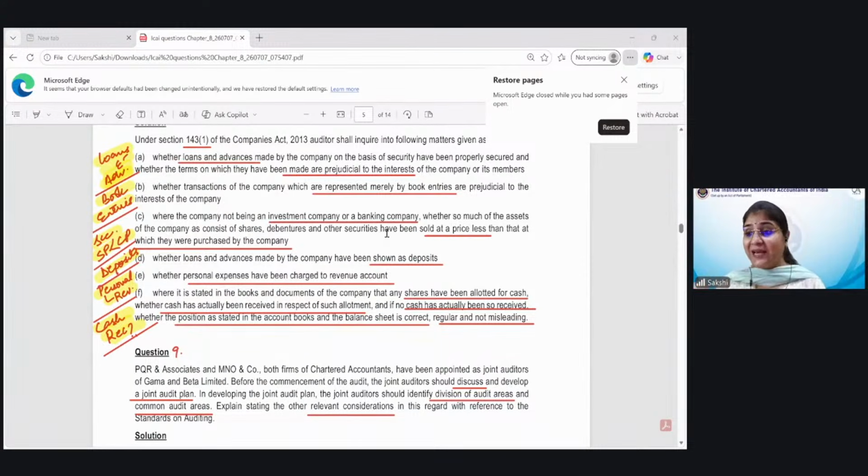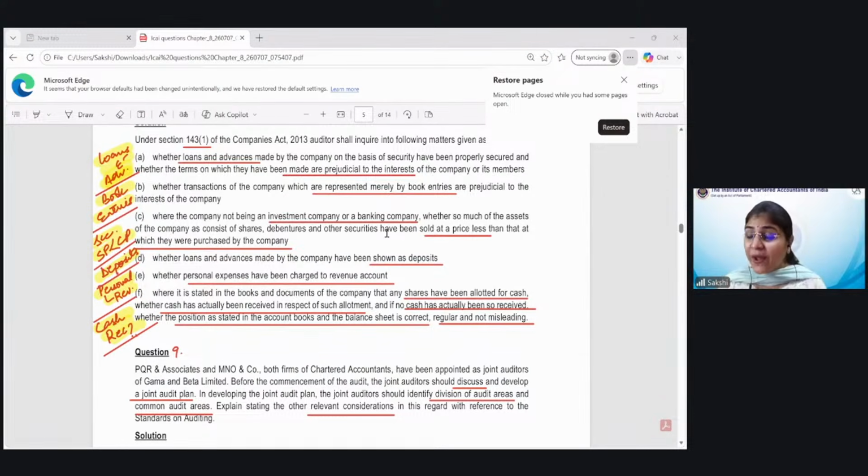Second, whether transactions of the company which are represented merely by book entries are prejudicial to the interest of the company. Are there any entries or transactions in the books of accounts which are prejudicial to the interest of the company or not?